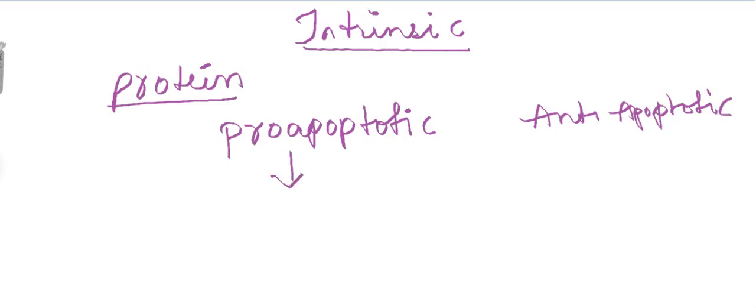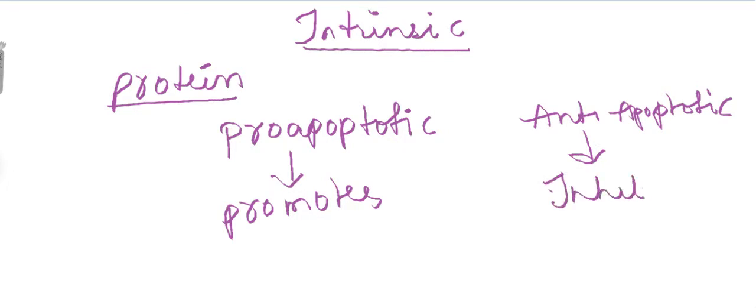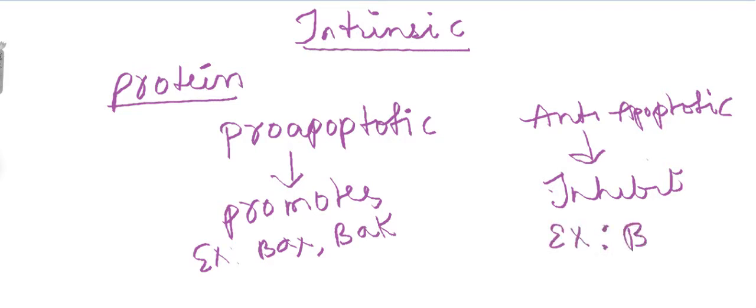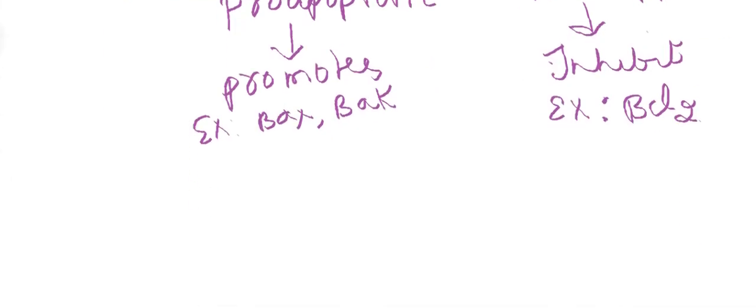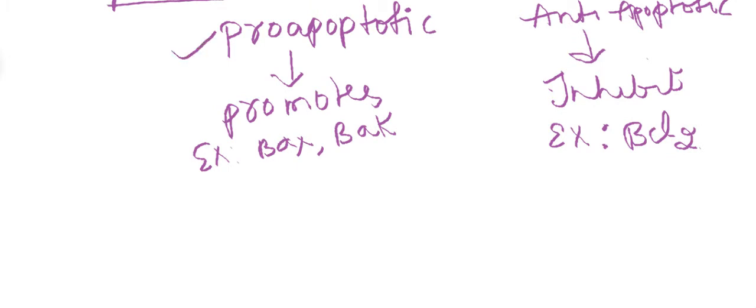Pro-apoptotic proteins are the proteins that promote apoptosis, and anti-apoptotic proteins are the proteins which inhibit apoptosis. Examples of pro-apoptotic proteins are PAX protein and BAX protein, and anti-apoptotic proteins are BCL proteins. One example is BCL2 protein. So we need to remember that pro-apoptotic proteins promote apoptosis, and anti-apoptotic proteins inhibit apoptosis.